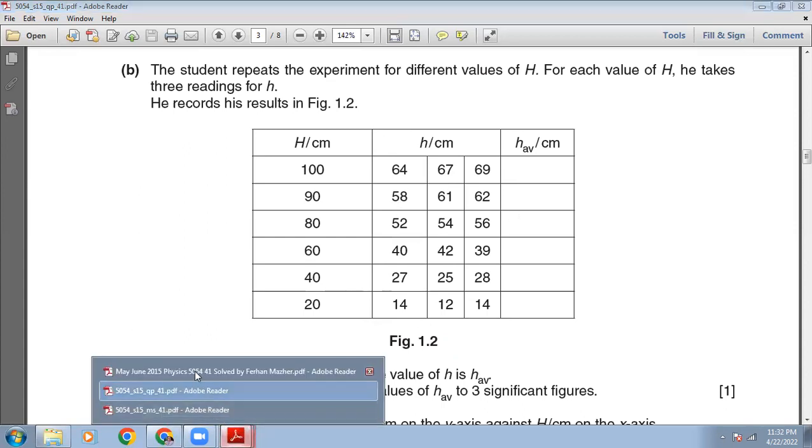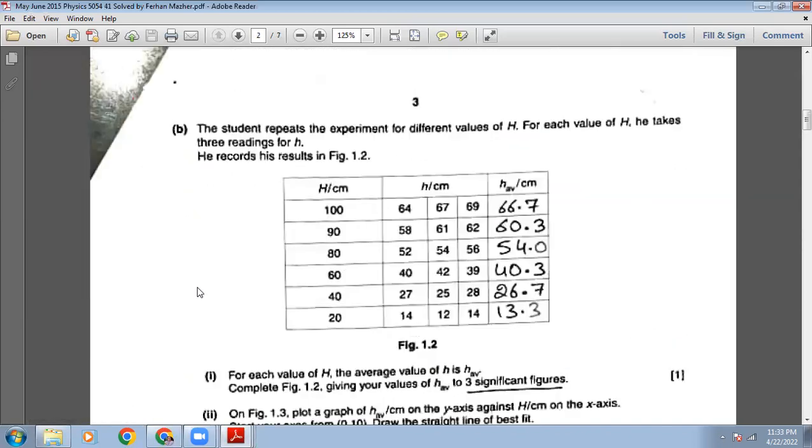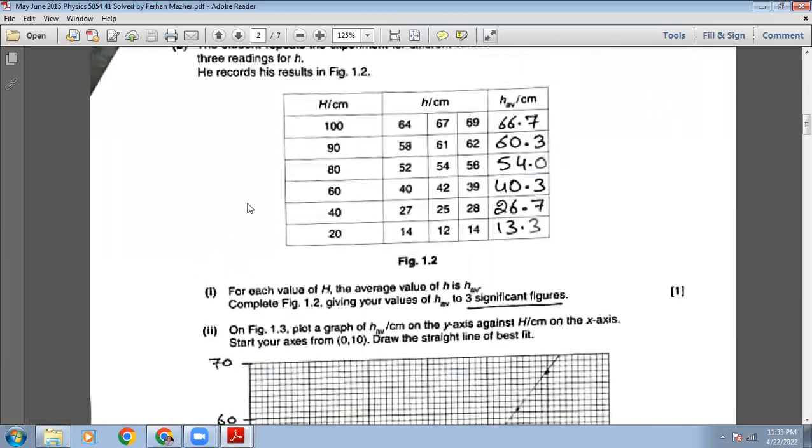I have done this already, so let me show you. Here we go. You can see on your screen that I have already done it. I've added these 3 and divided by 3, and these 3 and divided by 3. So we have found the values of the small h average, the height of the first bounce, their average values.